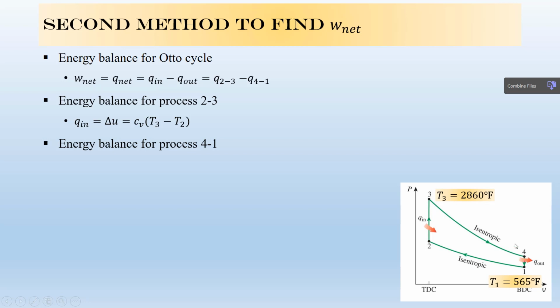For this process, Q in is 0. So we can write negative Q out equals the delta U, which equals Cv (T4 minus T1). This is actually Cv (T1 minus T4). However, if you multiply by the negative, you can write Q out equals Cv (T4 minus T1).